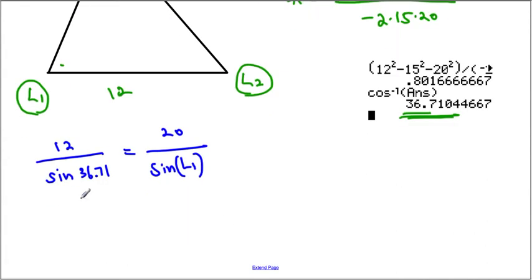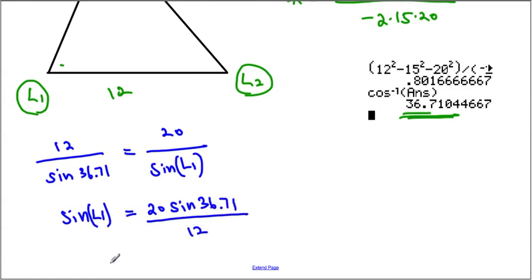Now then, let's try to figure this one out together. So sine of L1 must be 20 times sine of 36.71 over 12.